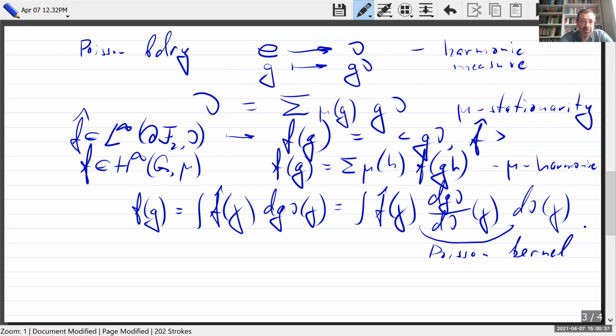And this Laplace-Beltrami operator, in other words, provides us with the notion of averaging. It provides us with the notion of harmonic functions. And there is also a probabilistic interpretation of a Riemannian structure. A Riemannian structure is nothing else but a certain Markov process on the manifold, what is called the diffusion process.